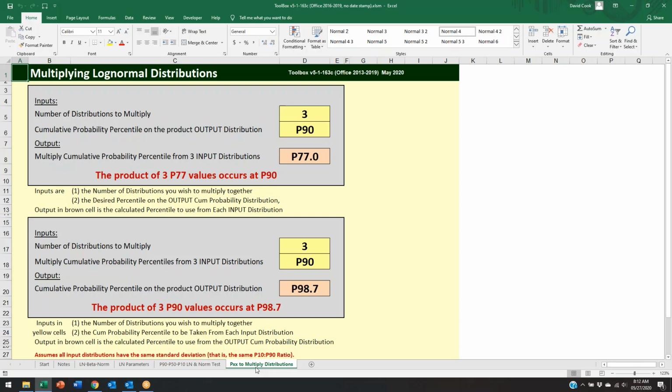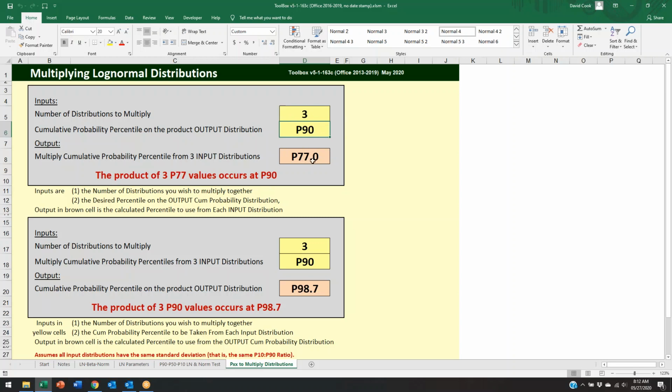You'll remember that Ed Capen had shown several decades ago, when you multiply log normal distributions together, a mathematical treatment for determining, for example in the upper box, if you wanted to multiply 3 distributions, what p-value from the 3 input distributions, when multiplied together, would equate to that percentile.